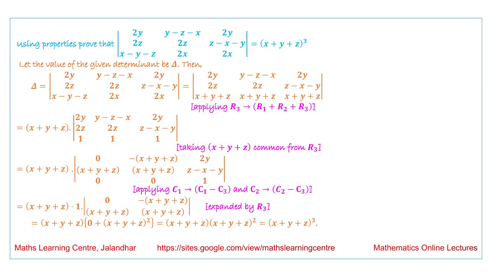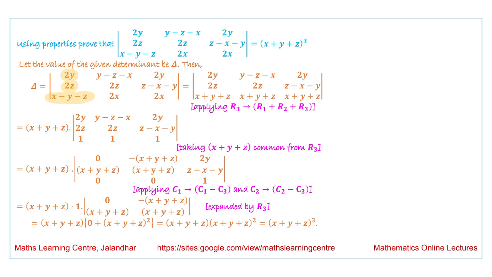Now next we have to solve this determinant, and we have to prove that its value is equal to (x plus y plus z) whole cube. So if we look at this determinant, we can see the values we have over here: this is 2y, and this is 2z, and the value we have over here is x minus y minus z.